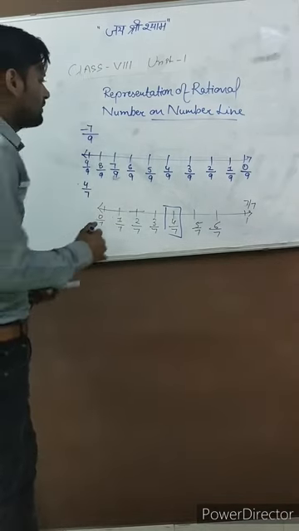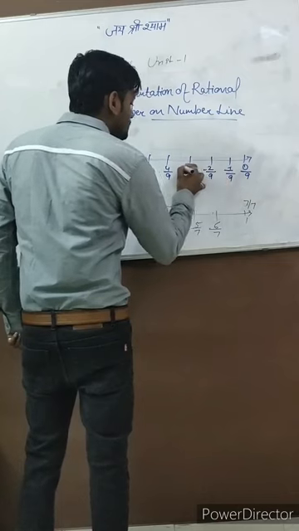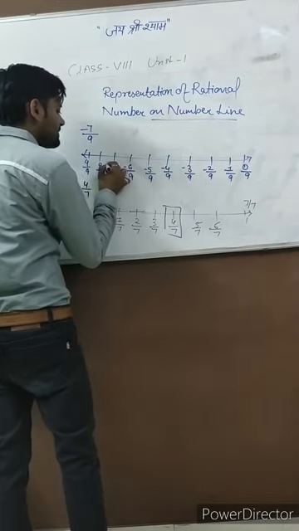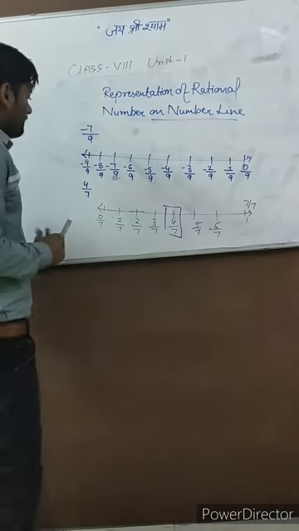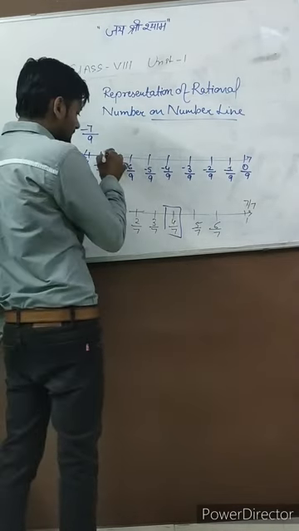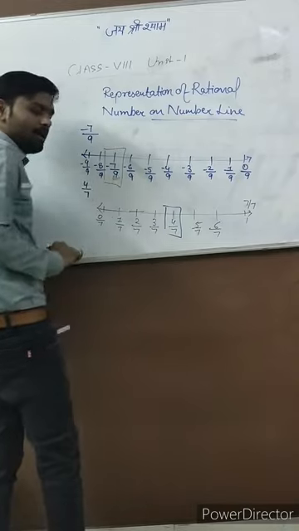On the left side it is negative: minus 1, minus 2, minus 3, minus 4, minus 5, minus 6, minus 7, minus 8, minus 9. Now here is the minus 7 divided by 9.